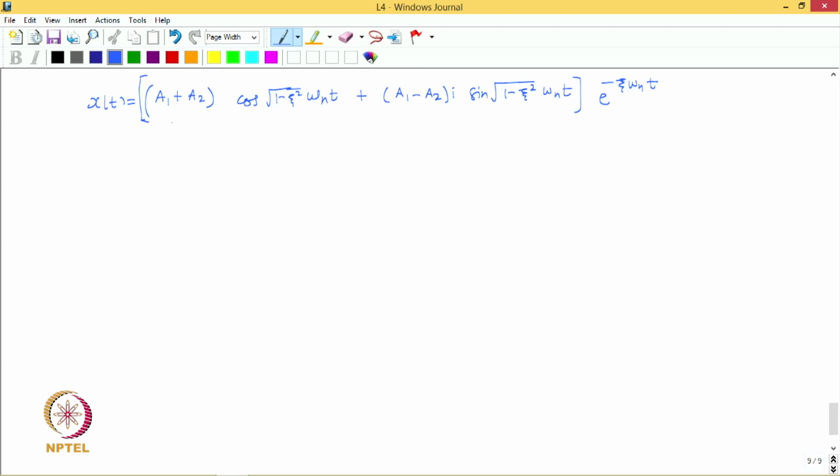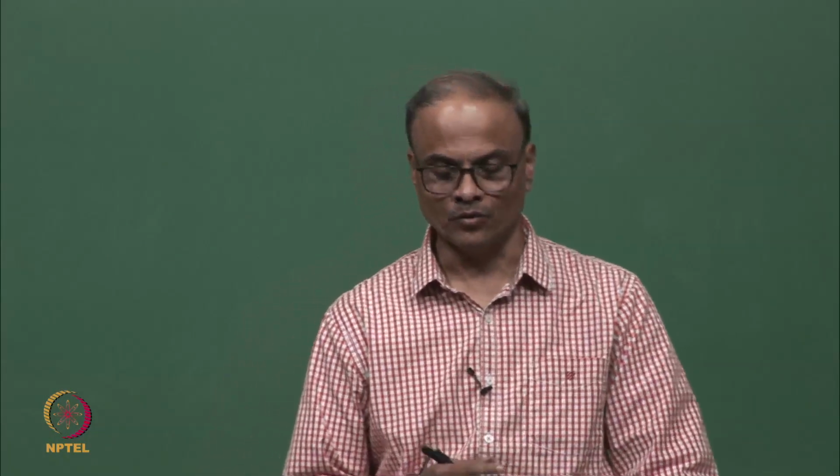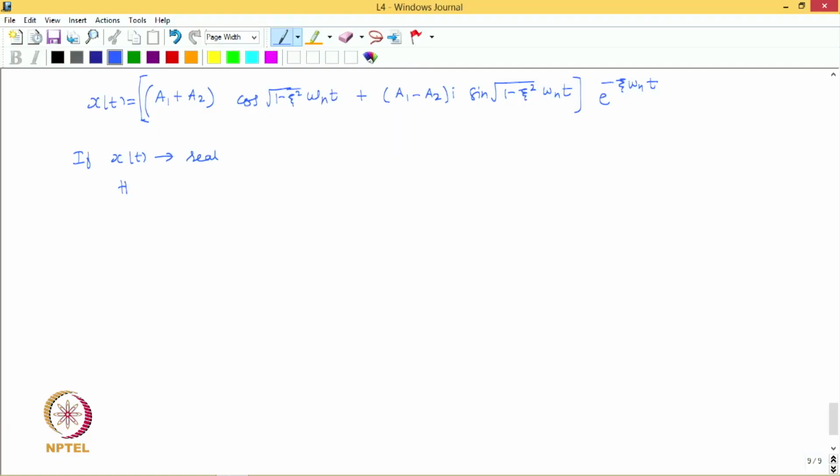So this is what we are getting. If the vibration x of t is real, that is, if the system is vibrating, the displacement of the system has to be a real quantity, and for that to happen, the arbitrary constants A1 and A2 have to be complex conjugate.